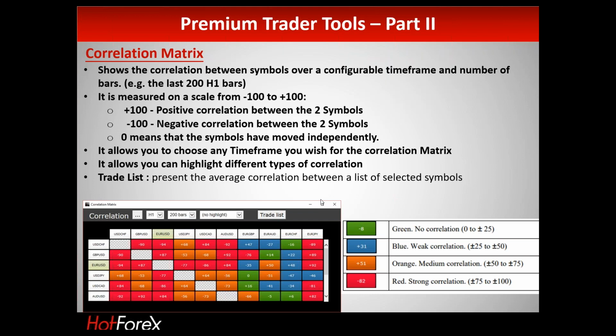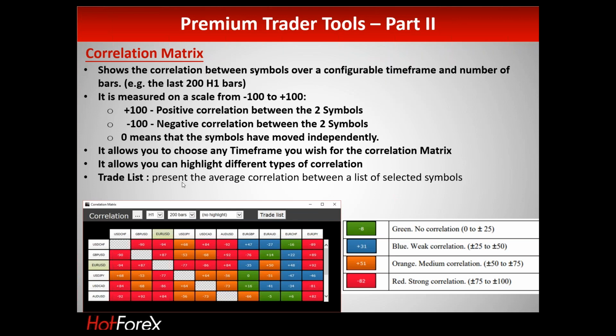What I mean by positive correlation is that the price movement of my two symbols is identical. The negative correlation means that the two symbols move oppositely, so they have an opposite price movement.